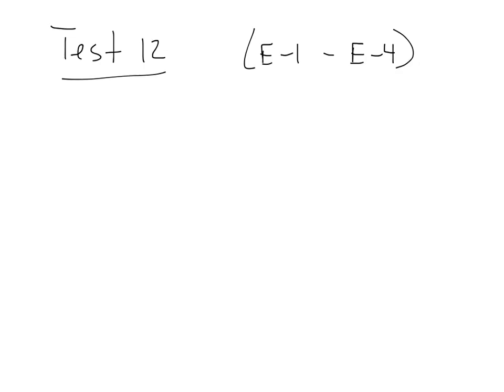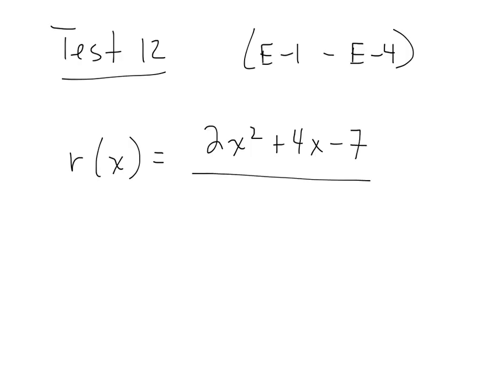So let's say we have a function that says r of x equals 2x squared plus 4x minus 7 over 3x plus 6. Let's say I want to find the y-intercept first. How do I always find a y-intercept?